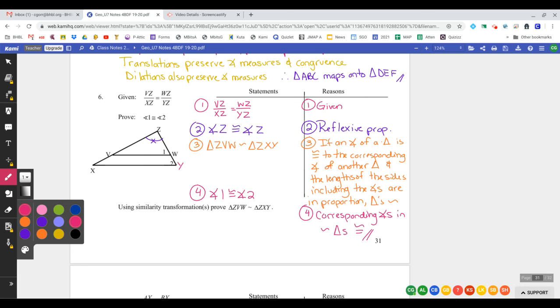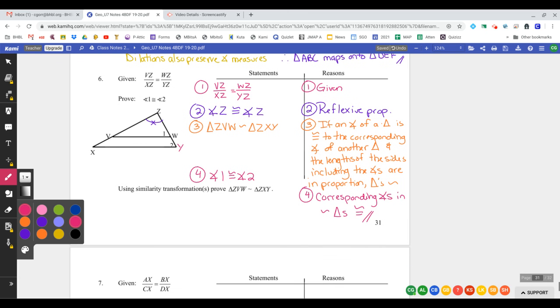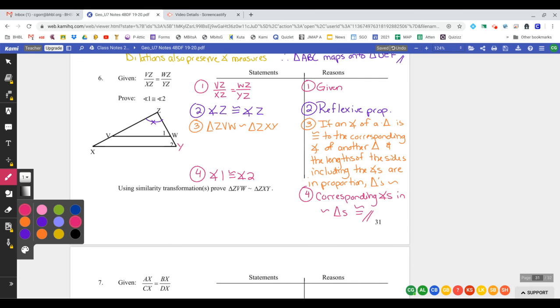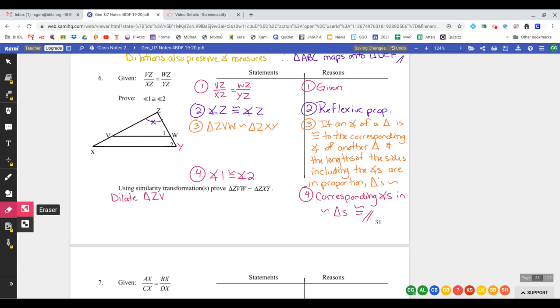Now, if I want to prove that this is similar by using transformations, what I want to do is use another dilation. So I'm going to dilate triangle ZVW through Z, using my scale factor, something like XY over VW.